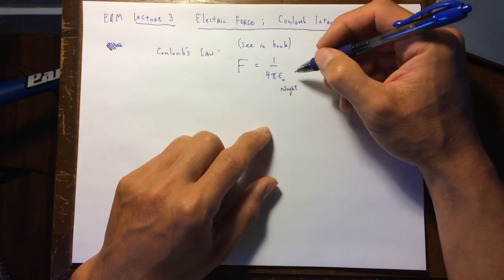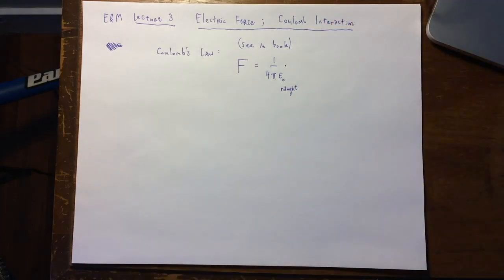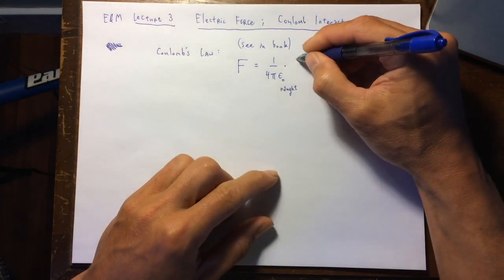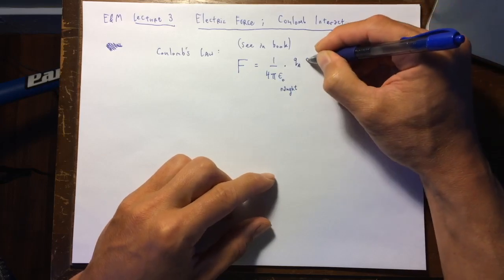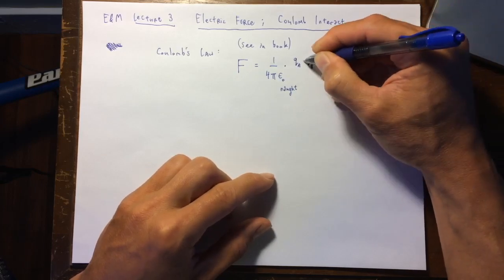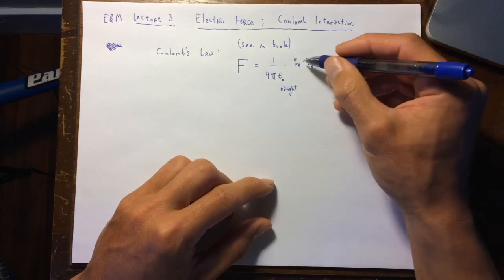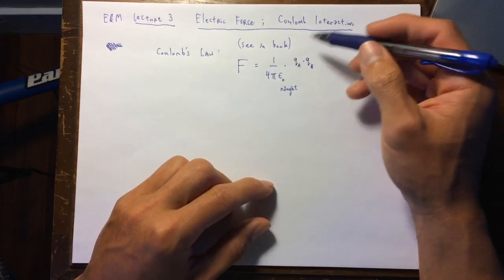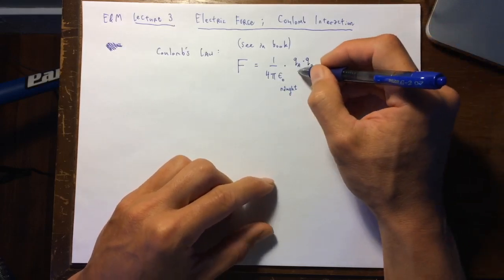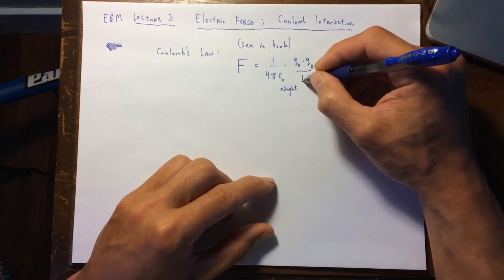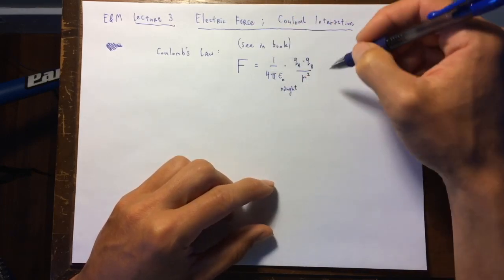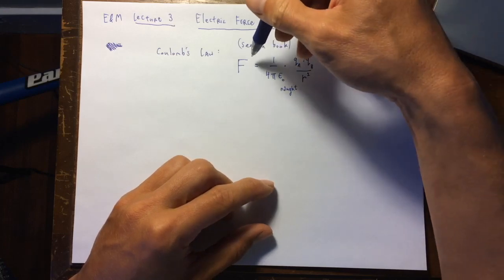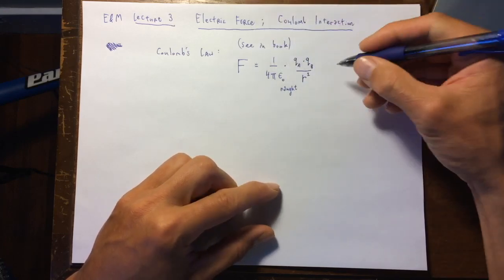So 1 over 4 pi epsilon naught times the charge of one of the objects times the charge of the other object. There are never 3 objects represented in here, it's just 2. And then you divide by a distance squared. So this is what you would see in a book.